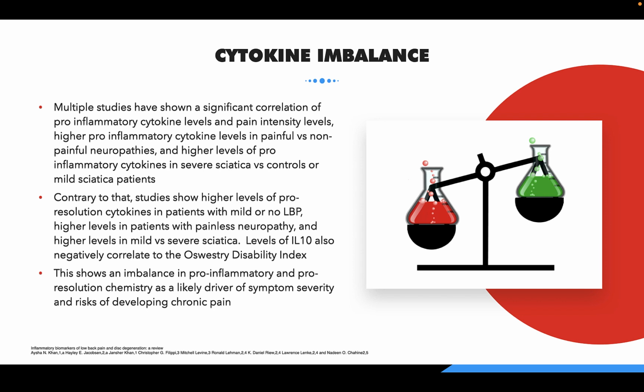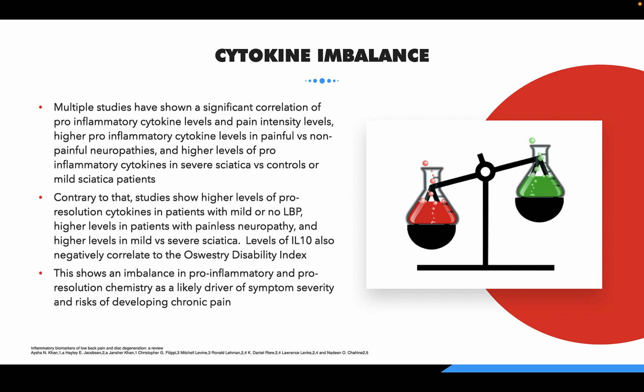So multiple studies have shown a significant correlation of pro-inflammatory cytokine levels and pain intensity levels. Higher pro-inflammatory cytokine levels in painful versus non-painful neuropathies, and higher levels of pro-inflammatory cytokines in severe sciatica versus controls or mild sciatica patients. Contrary to that, studies show higher levels of pro-resolution cytokines in patients with mild or no low back pain, higher levels in patients with painless neuropathy, and higher levels in mild versus severe sciatica.